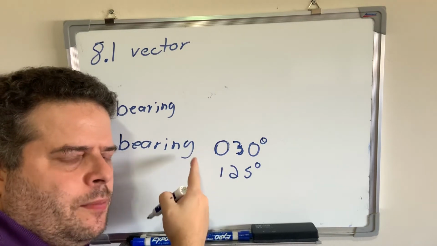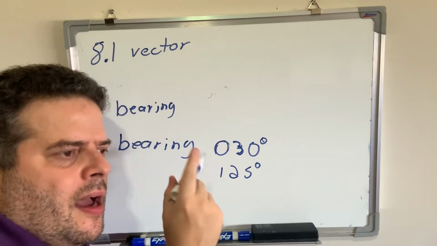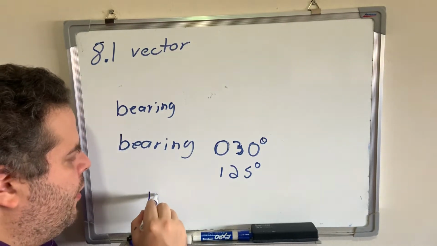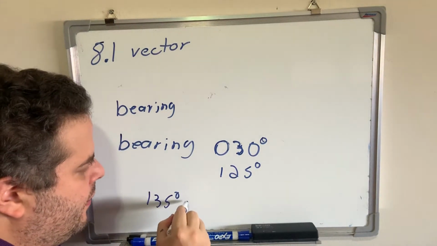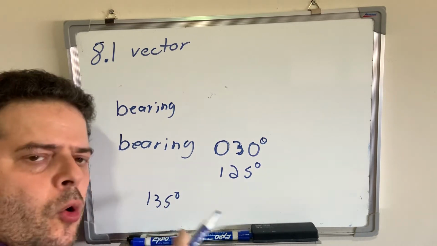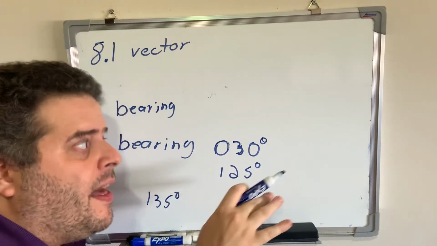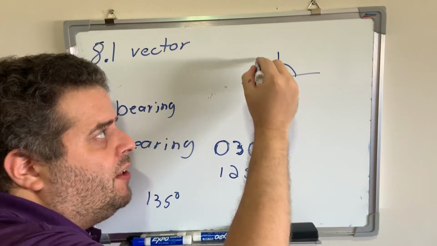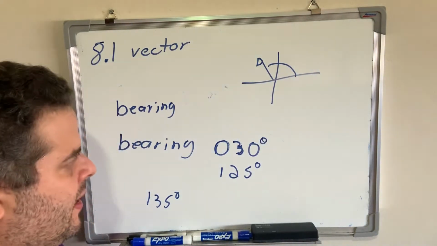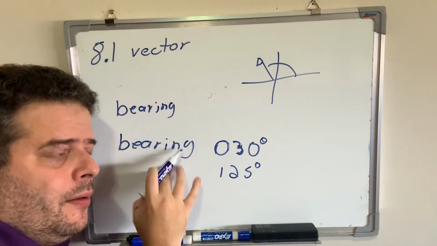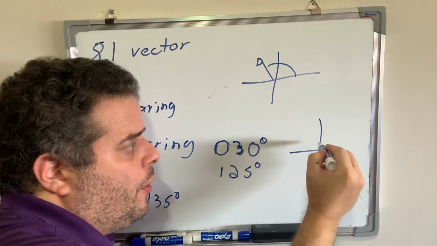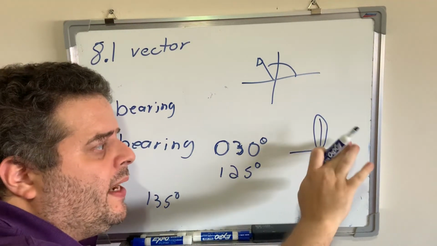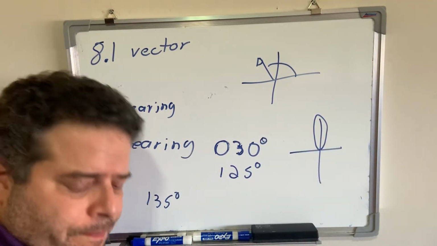However, if you're told, for example, 135 degrees and you're not told bearing, that means we're going to be using the standard 135 degrees angle measurement. If you're told bearing, what that means is we're always going to be using the north line and we're going to go in a clockwise direction.